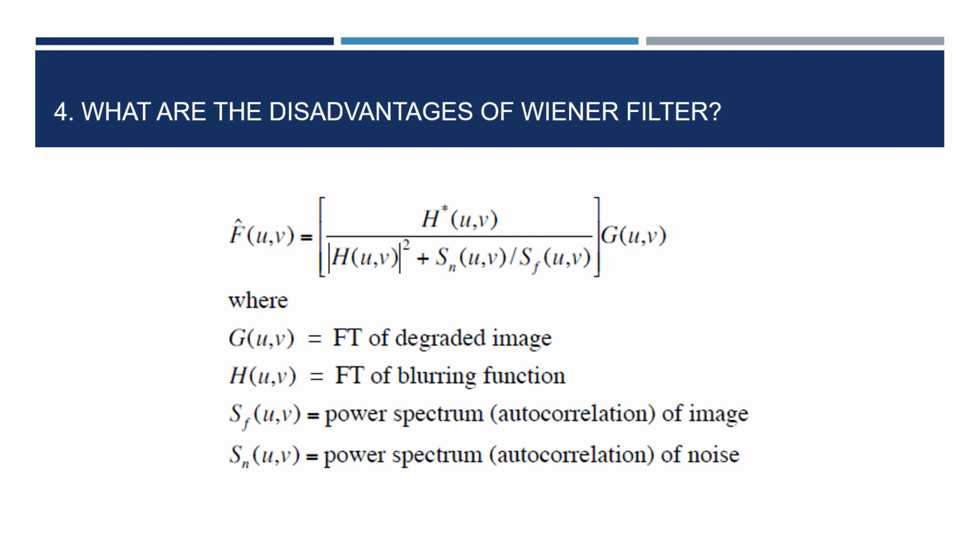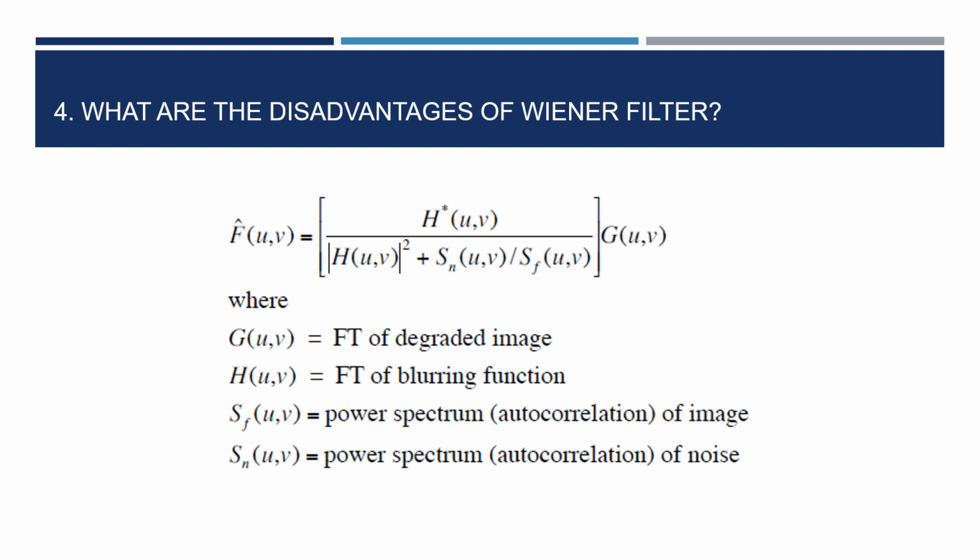Question number 4. What are the disadvantages of Wiener filter? So f cap is the restored image given by the equation, and in this equation H is the degrading function and the terms Sf and Sn are the power spectrum of the image and noise respectively.